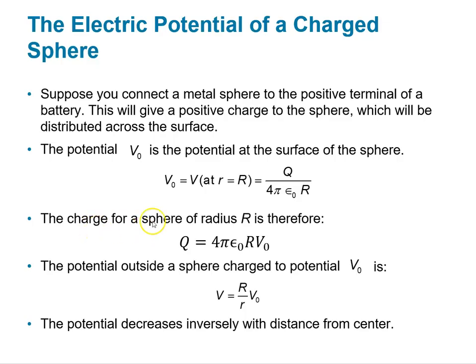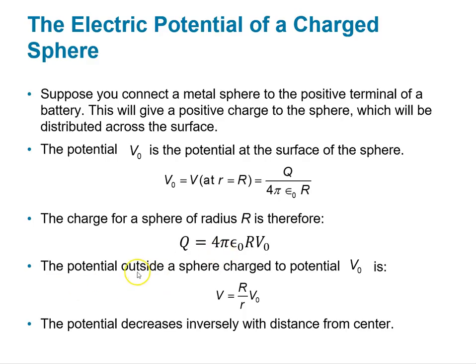Okay, so the charge for a sphere of radius R then is 4 pi times epsilon naught times R times the potential at the surface.